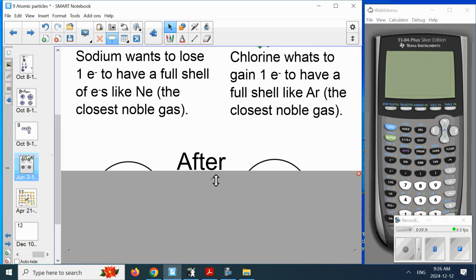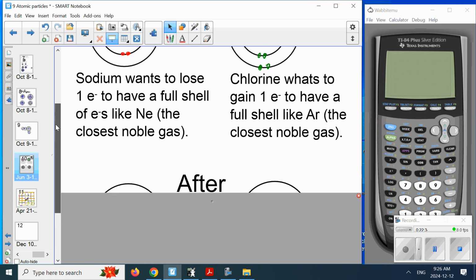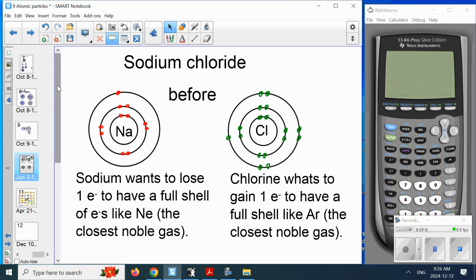I'll talk to you guys about charges in a second. Just making sure everybody's got that sentence written down. Now here's the thing about charges. Before, when I have this set up, sodium has 11 protons, positive, 11 electrons, so it's a zero charge.